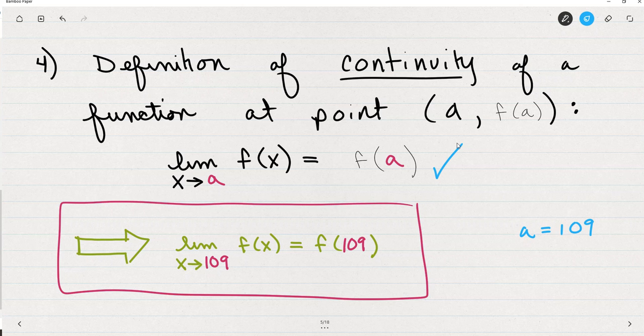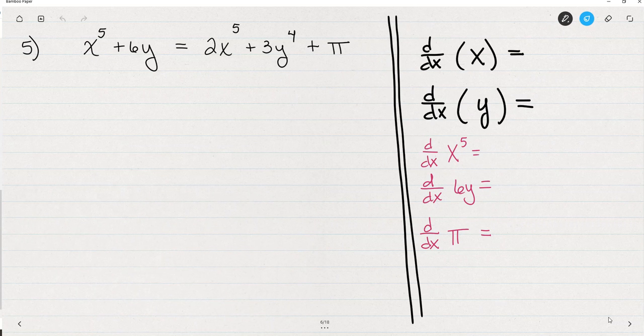If the point we're using is 109, then the value of the function at 109 is f of 109, and that has to be equivalent to the limit of f of x as x approaches 109. This demonstrates that I know the definition of continuous.